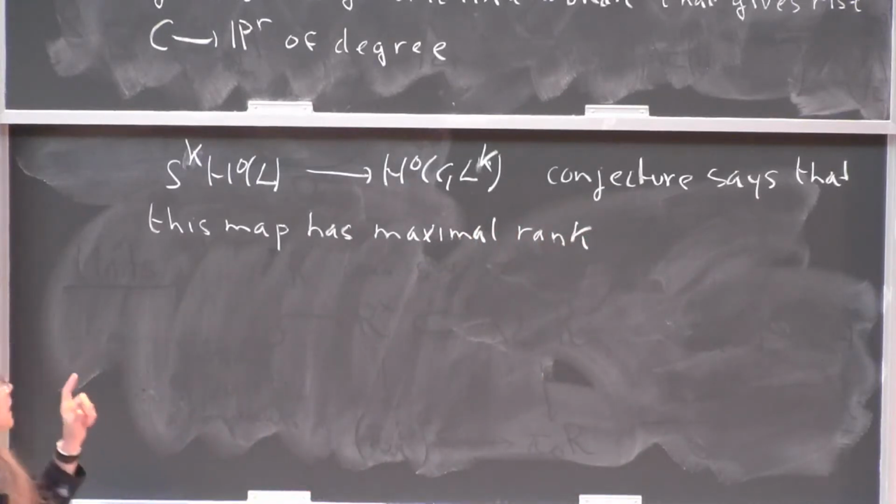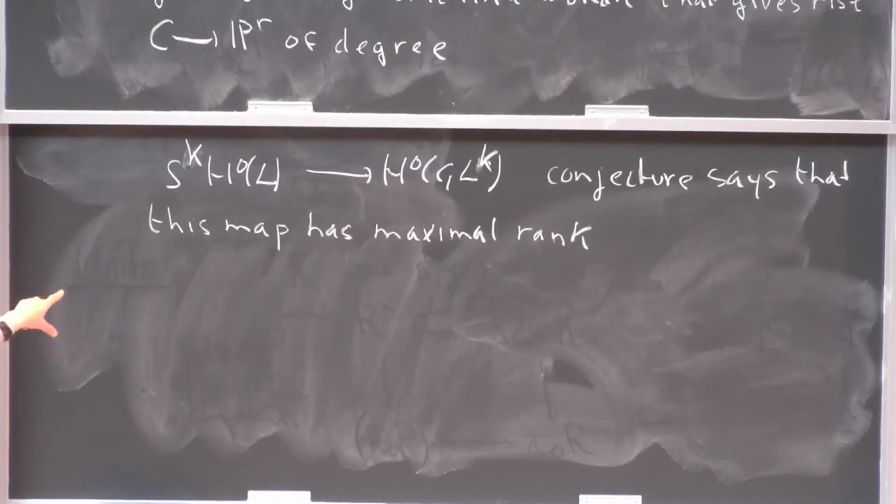Now, there is a big difference between what we are saying for this map and what I was saying over there for the Petri map. For the Petri map, I asked the curve to be generic, but I asked every line bundle on this generic curve to behave well. Here it's very different because I asked the curve to be generic, but I only asked the L to be generic as well. So there can be a line bundle that behaves well and many which don't.